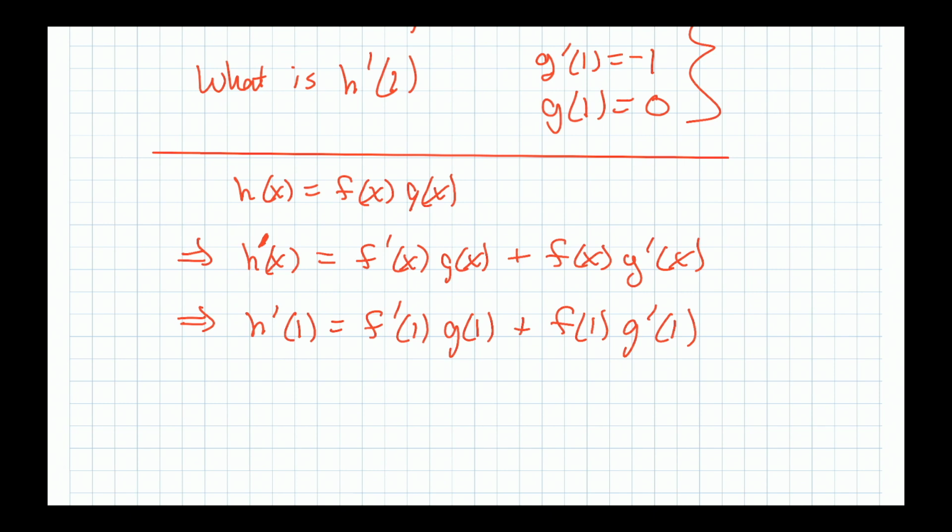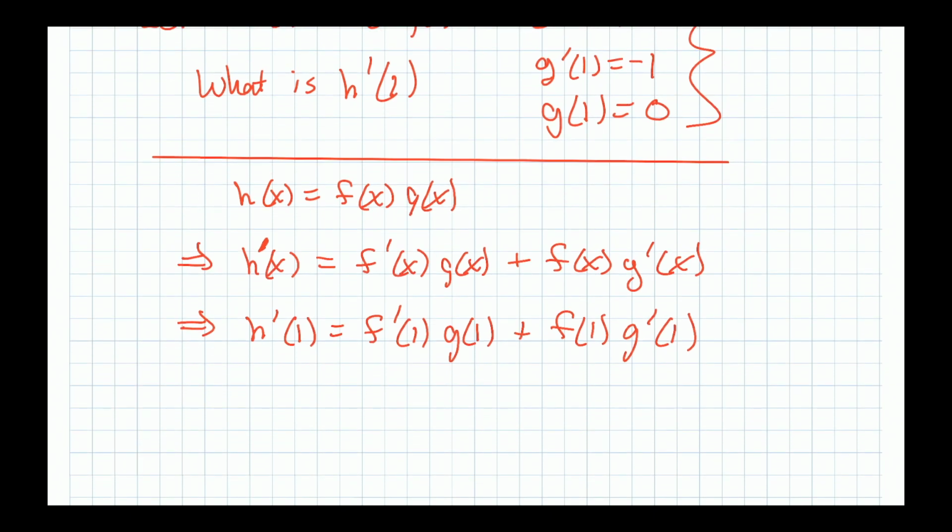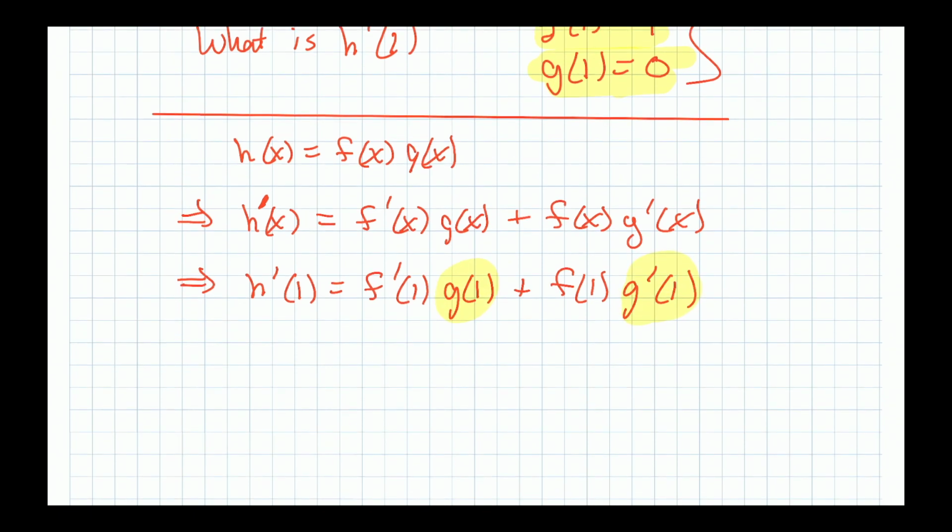1 is everywhere. Now you've got numbers here. You've got numbers up here for g prime and for g. So you actually have a number right here and a number right here. If you want to, go ahead and put those numbers in now. Why not? So f prime of 1 times g of 1, and g of 1 is just 0.